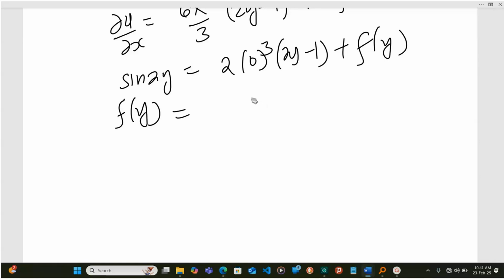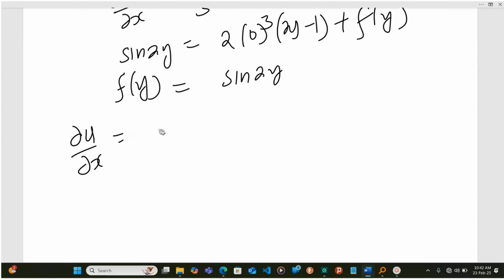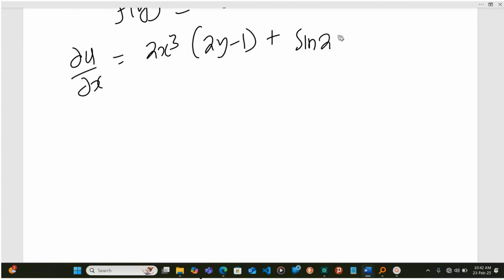And this is 0, so f of y is equal to sine 2y. So del u del x will equal 2x cubed into (2y minus 1) plus f of y, which is sine 2y.